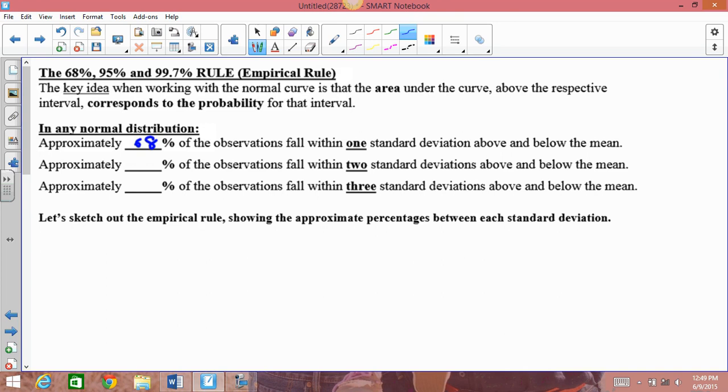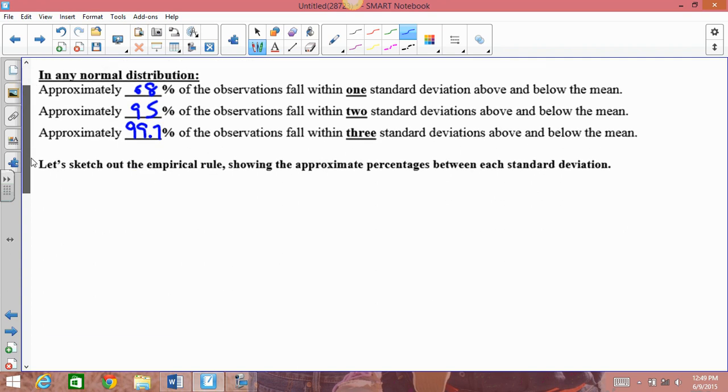I'm going to go ahead and fill this in. 95% of your data is within 2 standard deviations above and below the mean. And then lastly, 99.7% is within 3 standard deviations above and below the mean. So that's the reason why I'm not going past 3, because I've almost virtually got 100% of my data when I look at 3 above and 3 below the mean. Okay, so that's explicitly why we had always been stopping at 3 above and 3 below.